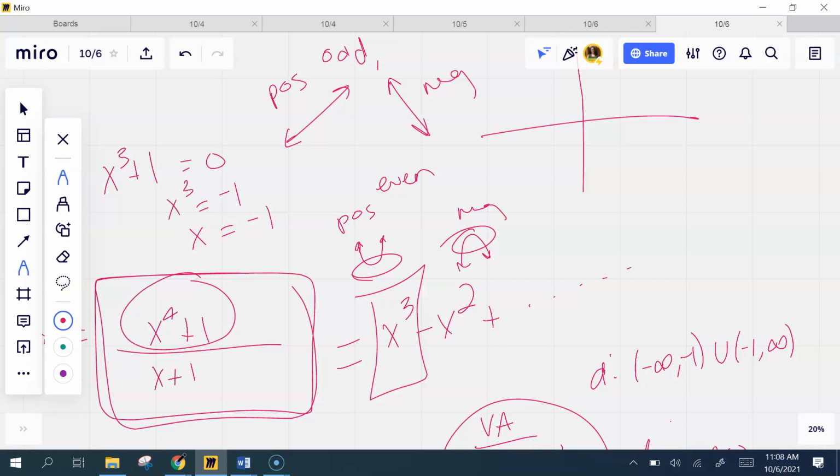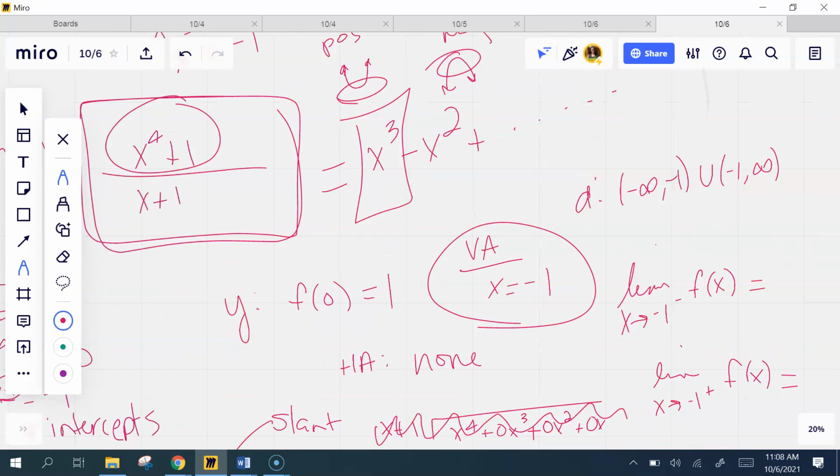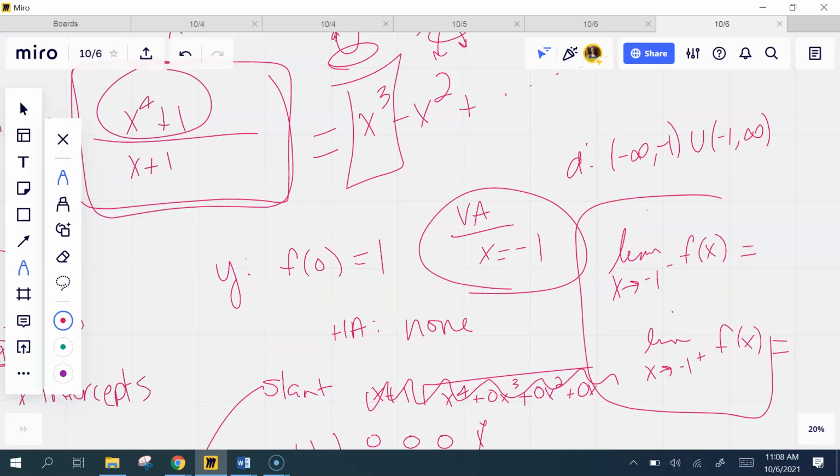If I ask you to write the vertical asymptotes in terms of limits, that's when you would do this. The positive.